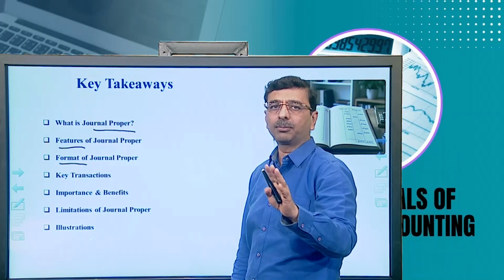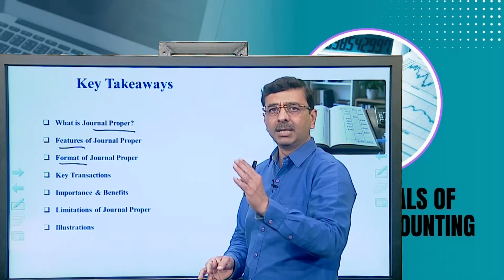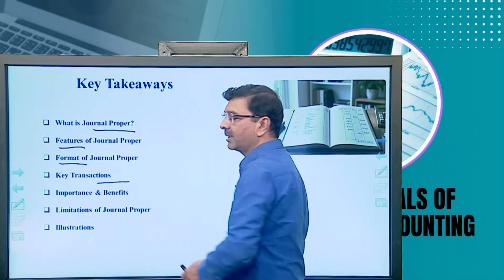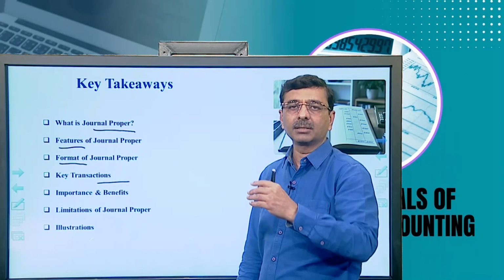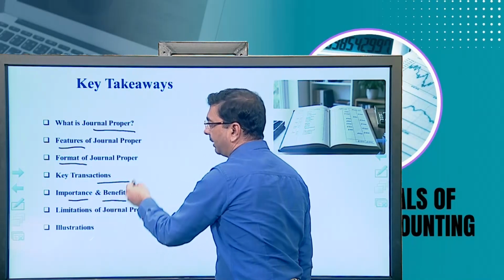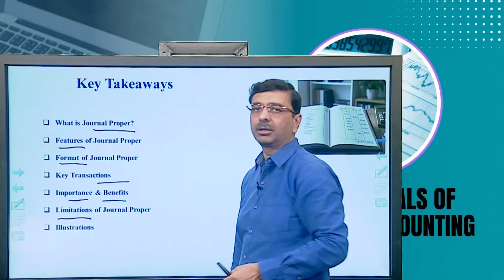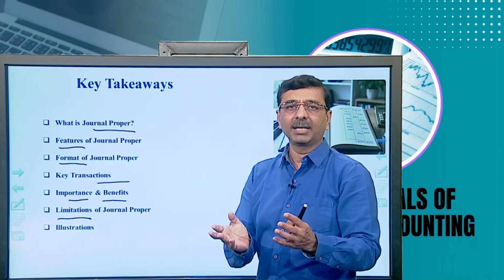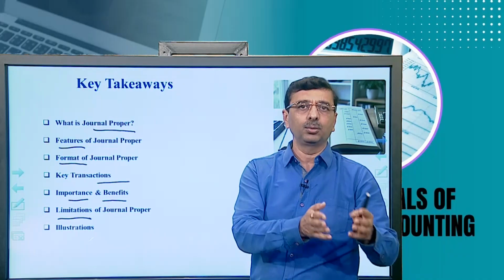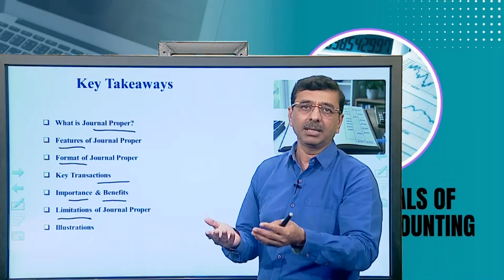The format of journal proper is almost similar to that of journal entries. Then we will discuss the important transactions to be recorded in journal proper, the importance and benefits of journal proper, and then its limitations. So we can get an idea of how journal proper helps us identify and record transactions, and that there may be some limitations.